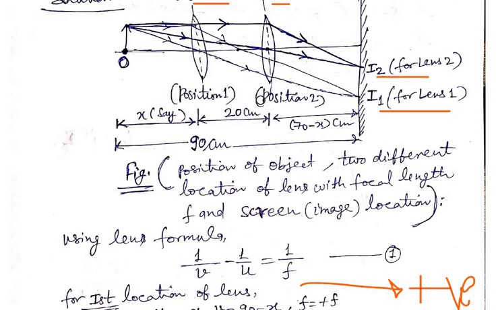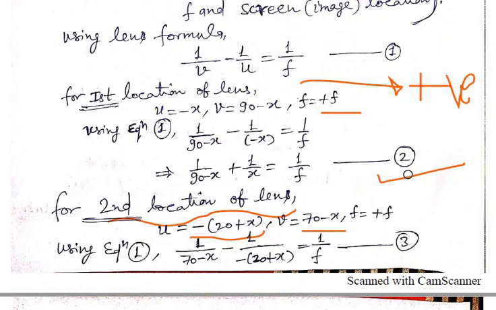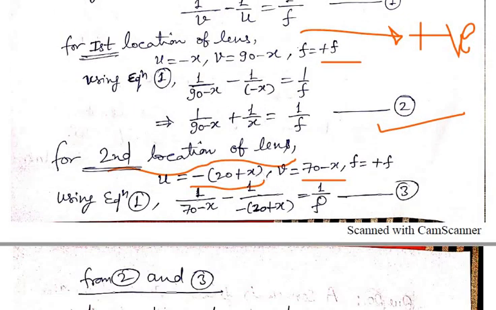You can see this distance is 20 plus x, so u is minus of 20 plus x, and the remaining distance will be 70 minus x. Using these values in the lens formula, 1 upon v minus 1 upon u equals 1 upon f, we will get equation number 3 after substitution of these values.